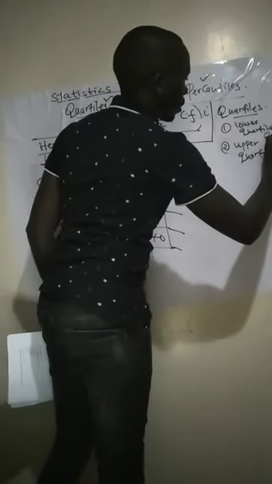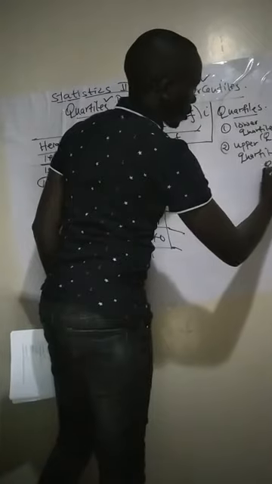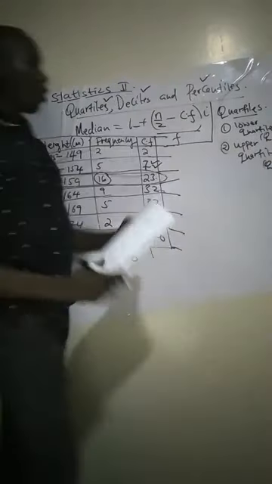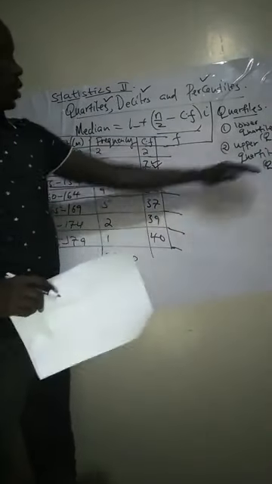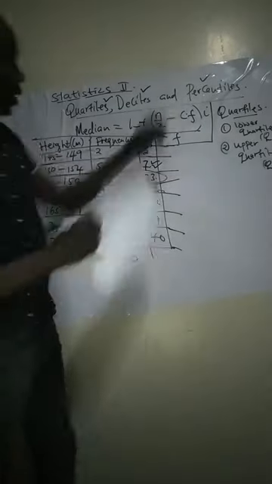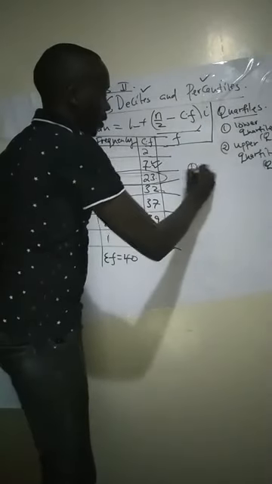This one is denoted as Q1, and this one is denoted as Q3. So lower quartile is Q1, upper quartile is Q3. Now, how do we get the lower quartile, Q1?